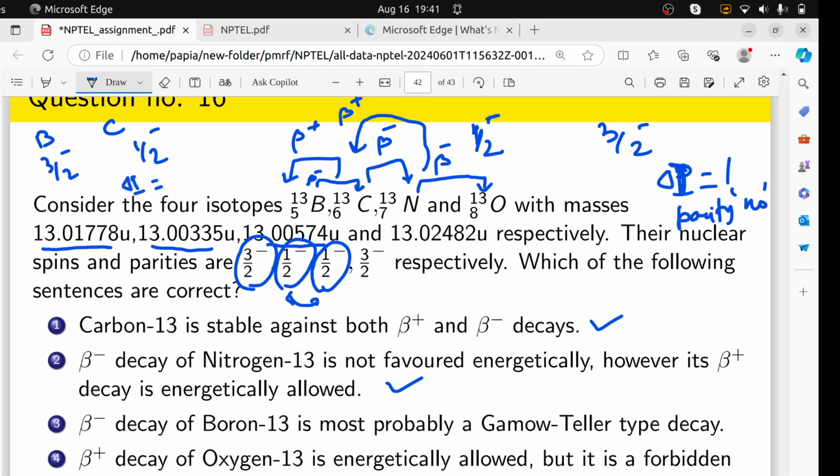So delta I is minus 1, parity no change because minus minus. So now you can see beta minus is most probably a Gamow-Teller type decay. Obviously it is a Gamow-Teller type decay because for Gamow-Teller type, it is allowed when delta I is plus minus 1 and 0 and parity is no change. So this is correct.